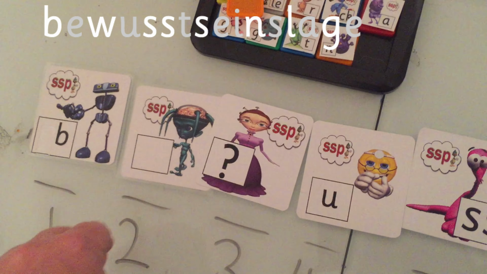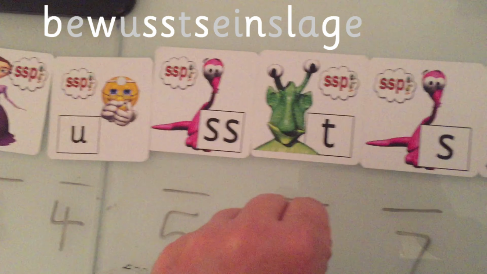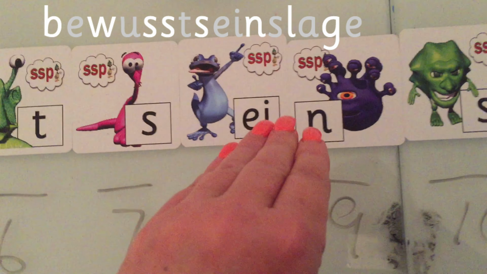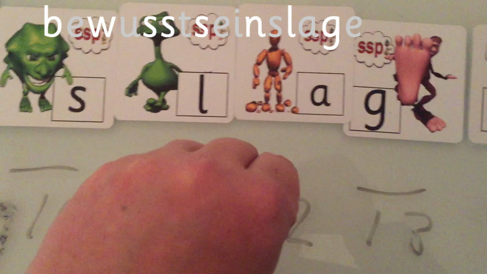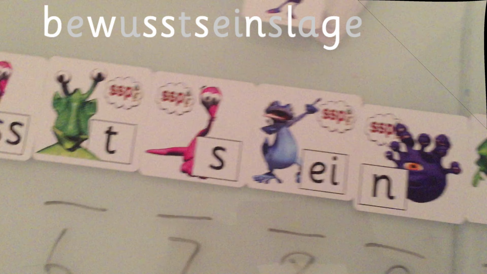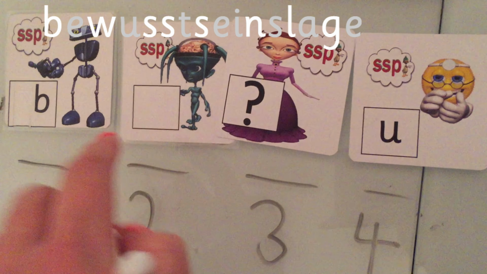So we've got B, V, O, S, T, S, I, N, Z, O, R, G. And what we also do, we need to put in here in the schwa what the representation was.